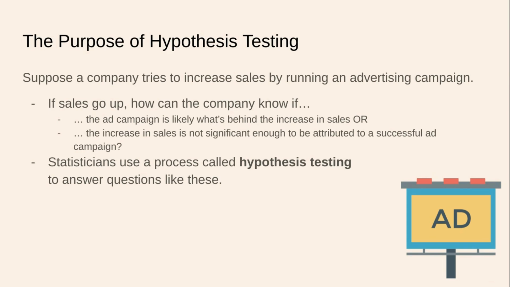If there is a difference in how the company is doing because of the ad campaign, is it significant enough, or is it just an increase in sales that's due to chance? And maybe next time we look at the books, the sales will go down a little bit. Is it just an incidental change, or is there a real big change that we should be keeping an eye on? Maybe the ad campaign is working.